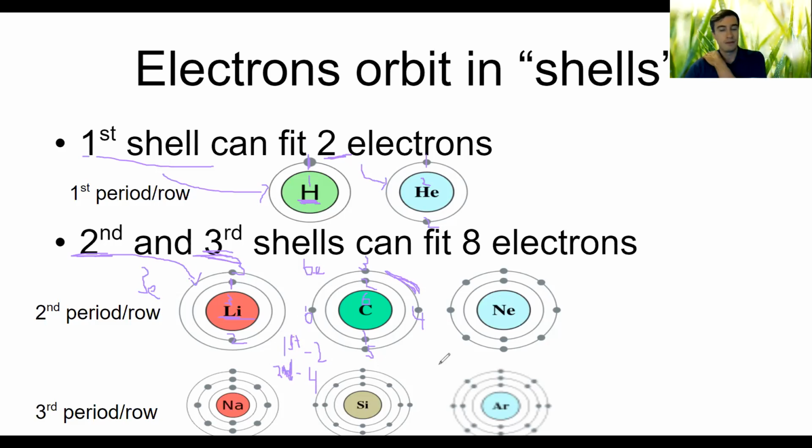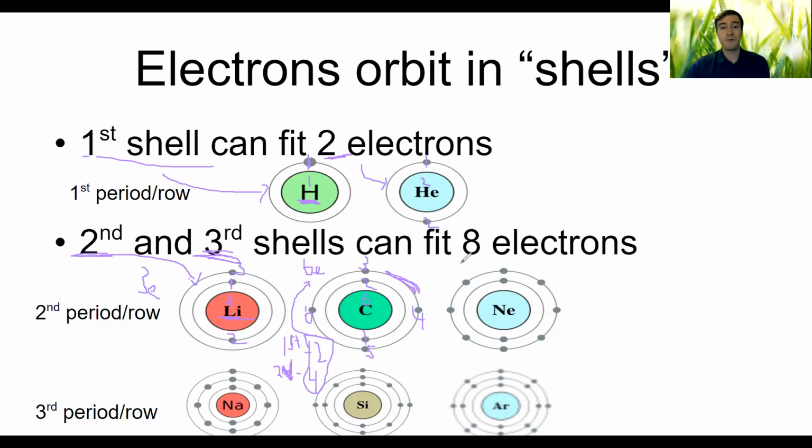There we go. So carbon has 2 electrons on the first shell, 4 electrons on the second shell, which gives us our total of 6. So we put those 2 on the first shell, still had some left over, and so we filled up that second shell with 4.